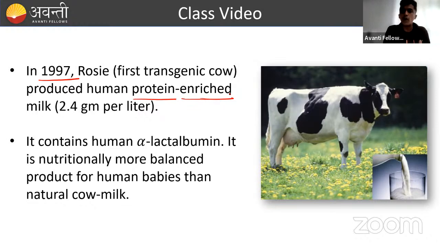So basically what we are doing is we are using this technology, genetic engineering, to develop certain seeds and certain animals which are very rich in proteins and very rich in minerals, right? So that even if you eat a little, your body is not malnourished of any of these required supplements. All right. So this transgenic cow, Rosie, could produce protein-enriched milk, which for every liter, 2.4 grams of protein could be supplemented for a human being.